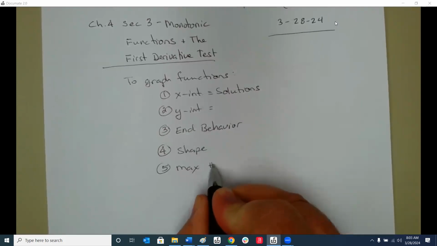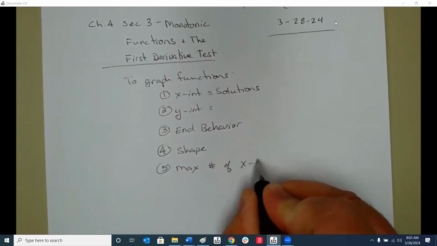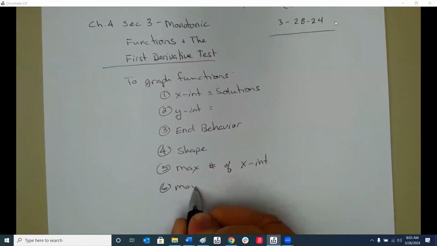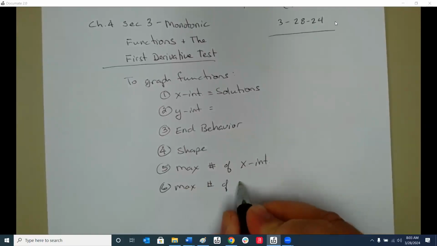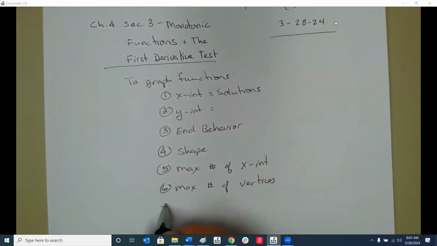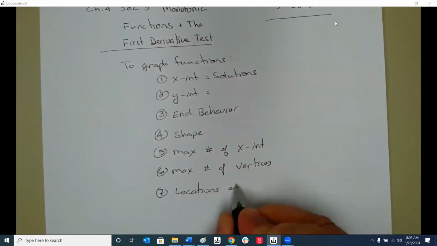The maximum number of x-intercepts. The max number of vertices. Locations of the vertices.